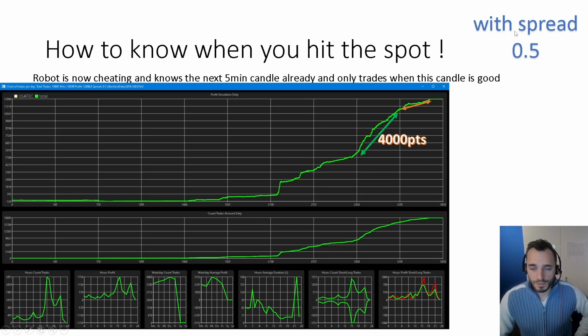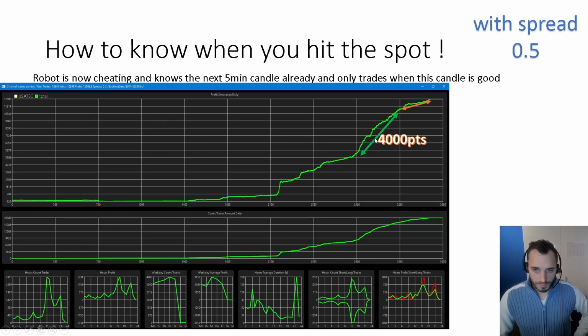And now you can see this is with spread, with a 0.5 point spread, so 2 ticks spread on the Nasdaq future market. This is realistic. And you can see we have now 12,000 points profit. Or basically take it times 4 and then you have the ticks. So this is like 50,000 ticks profit.